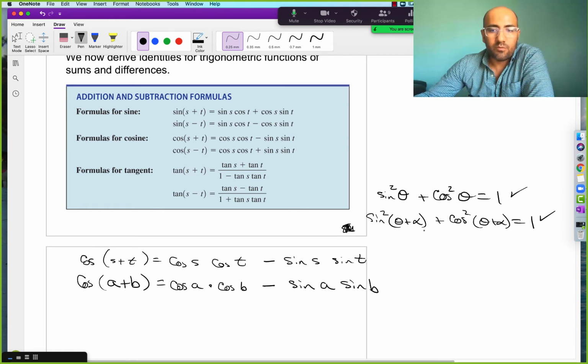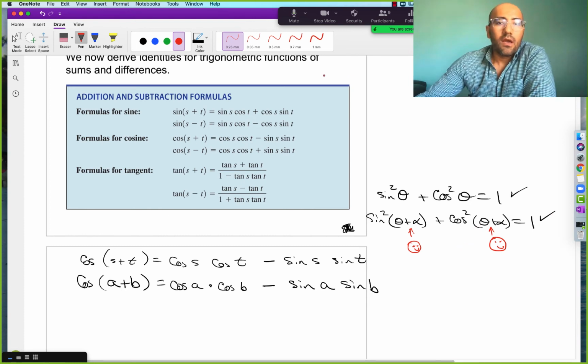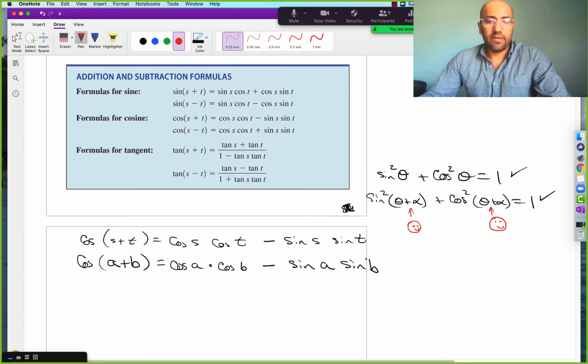So I'm just pointing out that whatever's in here, as long as this is the same angle as whatever is in this guy, sine squared of the same angle plus cosine squared of this angle gives you 1. Good.